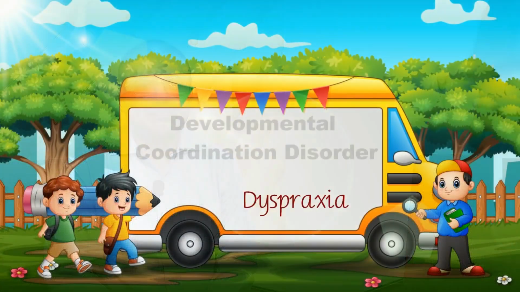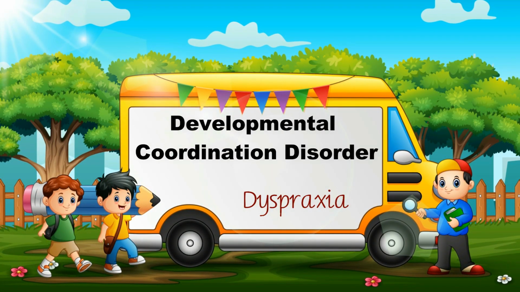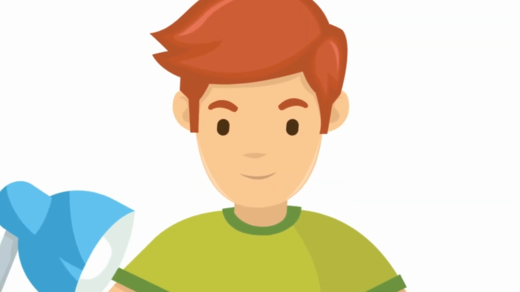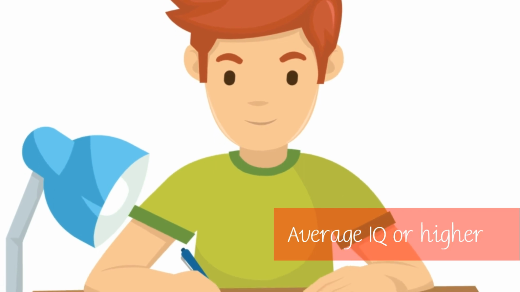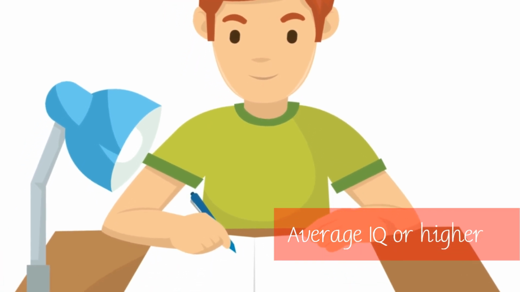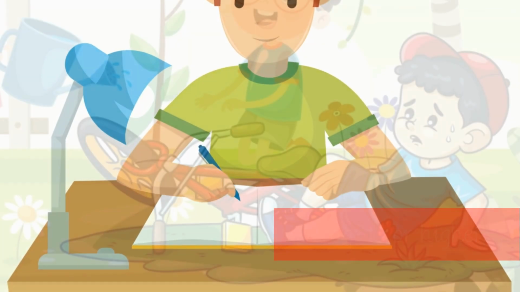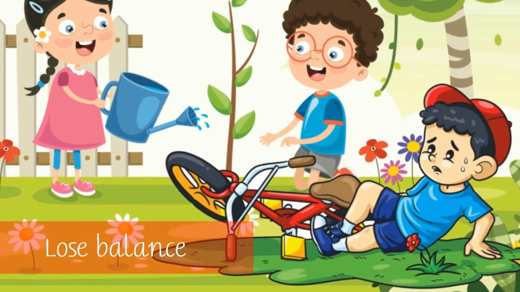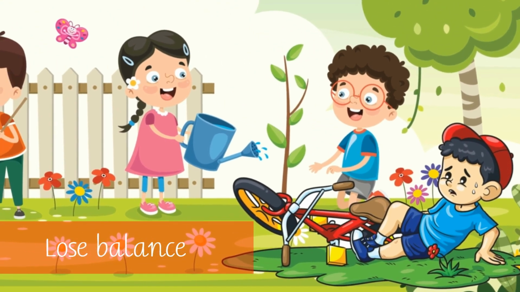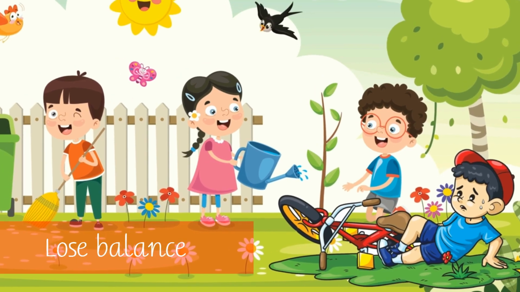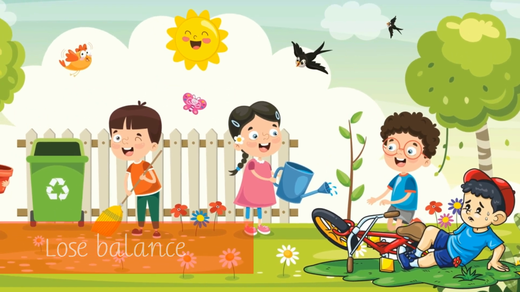What is dyspraxia or developmental coordination disorder? Let me begin with an illustration. A 12-year-old boy with high average intelligence was not able to write legibly. In addition, he lost his balance every time he attempted to do a task that needed him to change his body posture.